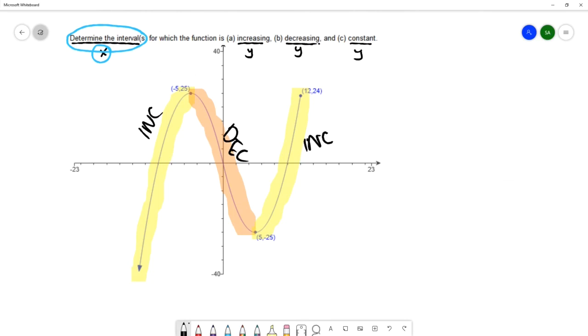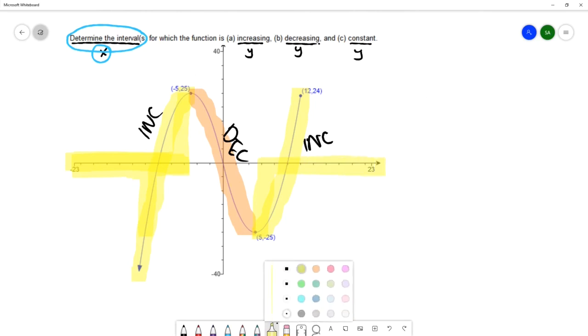If we project these highlighted regions onto the x-axis, I'm going to see that it matches up along here. So these x values represent the interval where the y values are increasing, along with these right here.